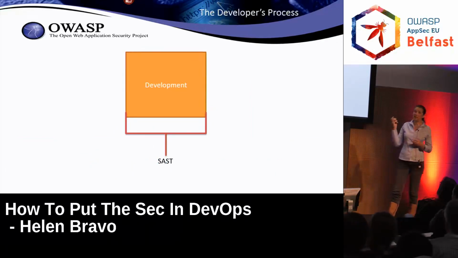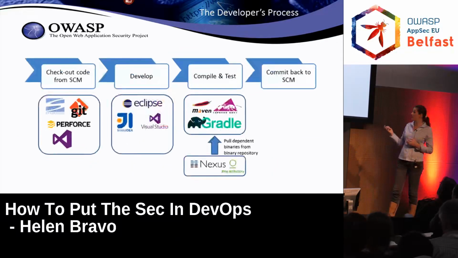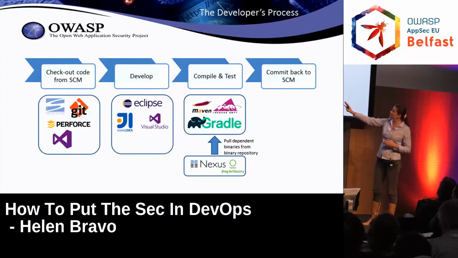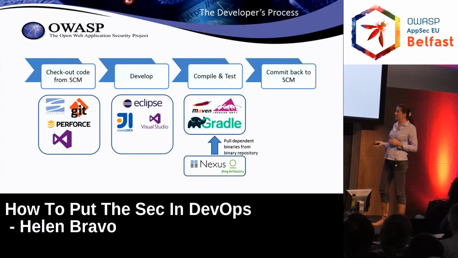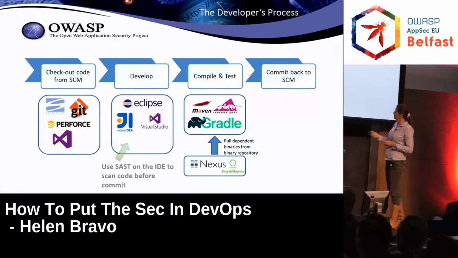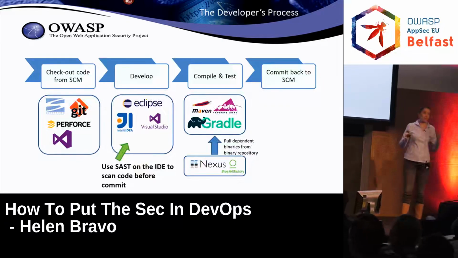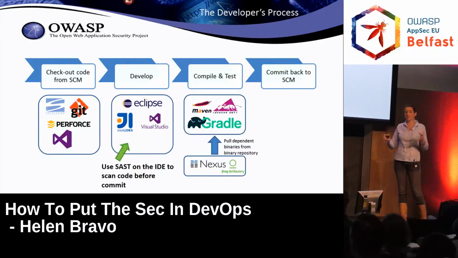So taking a look into the development process, we have the checkout and we have the IDE part and the compilation and testing. Here, we can actually do a lot to prevent the security problem from the start.